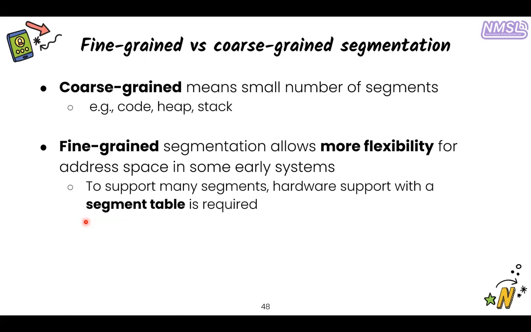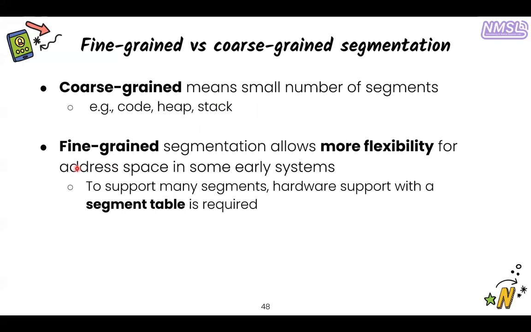Compared to just one big memory space, with segmentation this is finer grained, but some people argue, let's go even further, because we could even argue that what we just did with 3 segments is coarse grain.